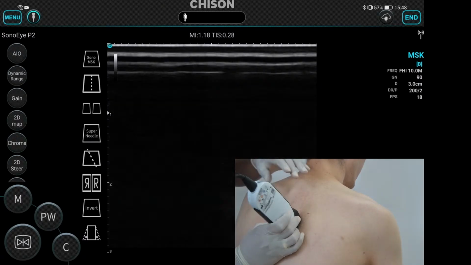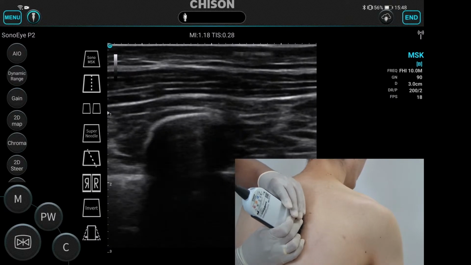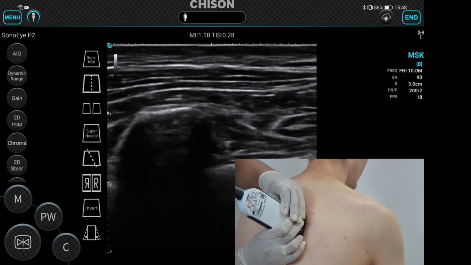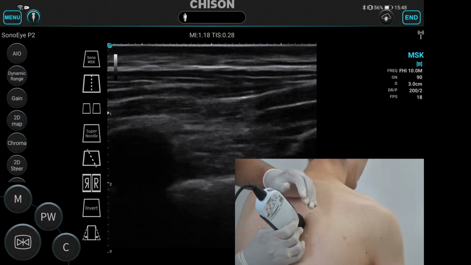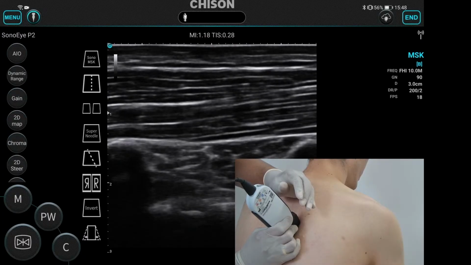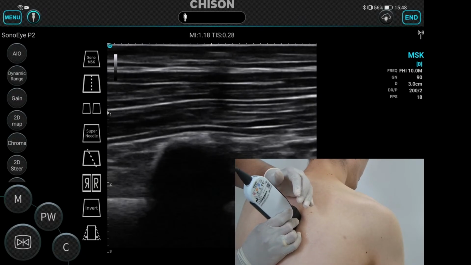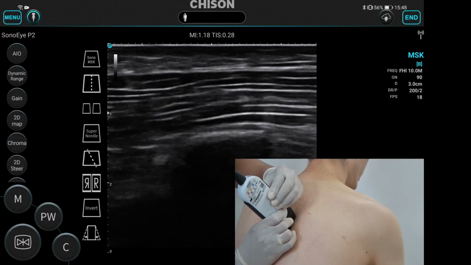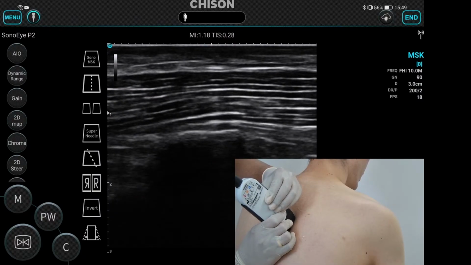Again, just to show you, we have rib shadow. We move laterally, the rib shadow will change. We have rib shadow and two muscles, trapezius and rhomboid. We move medially. As we move medially, there will be a third group of muscles, and the rib will change its shadow and become transverse process as soon as we reach there, and that's the third muscle just on top of transverse process.